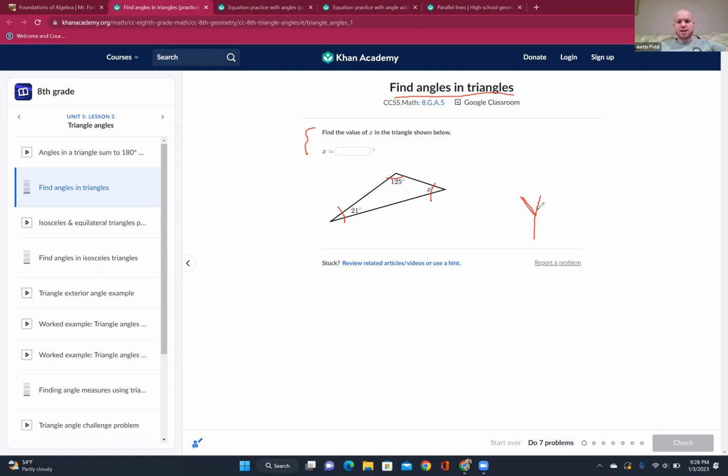And then this X angle, okay, this is not working out so well. This X angle is actually there. Let's say this is X. This is the 125.